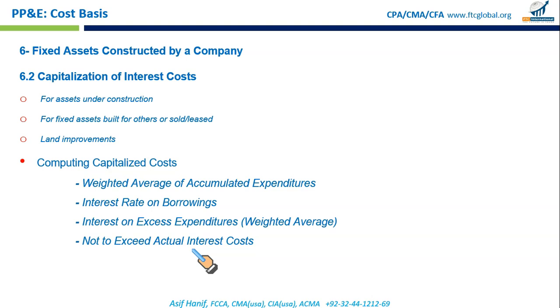Yes, that is important. The total interest capitalized should not exceed the actual interest the company pays on its loan during the construction period. And finally, do not reduce capitalizable interest. It means you cannot reduce the capitalized interest if part of the loan remains unspent during the construction.